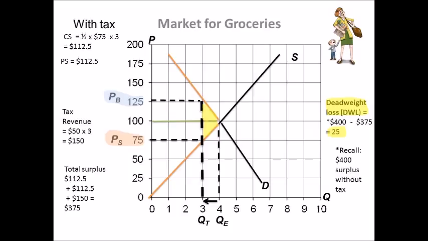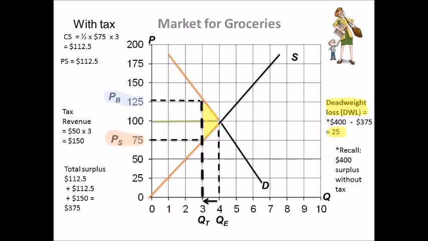Producer surplus should also be $112.50. Then we compute the tax revenue. The tax imposed on buyers and sellers is $50. Multiply this by 3, the new quantity, and we get $150. Now we add everything, consumer surplus, producer surplus, and tax revenue, and we get $375.